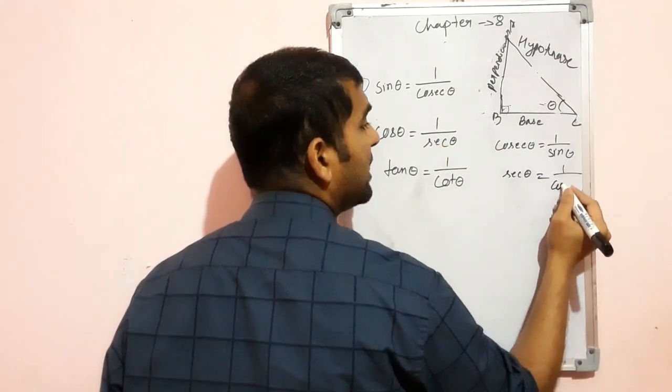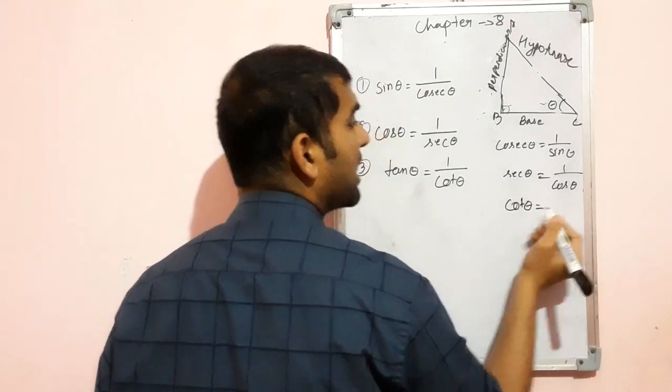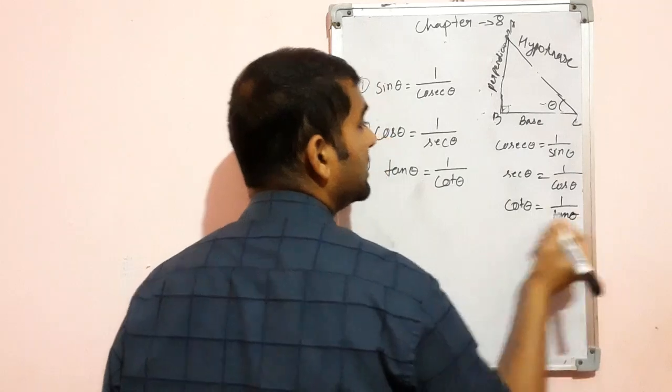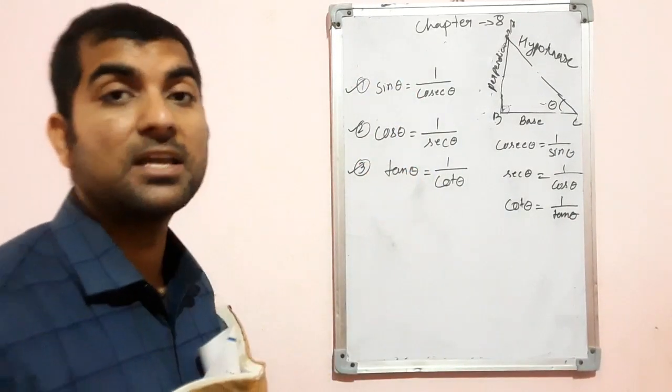Last one, cot theta, we can write as 1 by tan theta. So these are the important formulas we are going to use in solving the exercise.